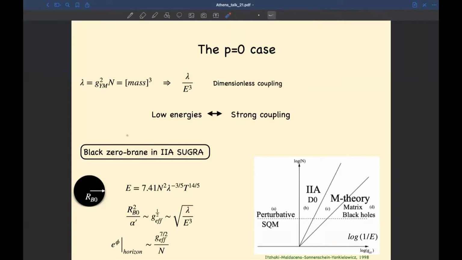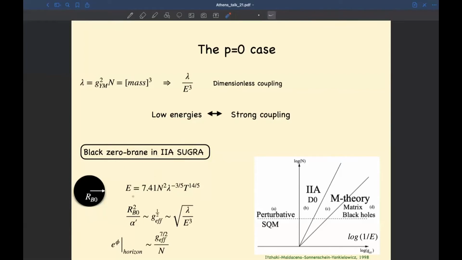Now, this specific case has a dual gravity interpretation known as the black 0 brane in type 2A supergravity. And of course, there is a metric describing this object, and one can pursue a thermodynamic analysis based on the laws of black hole thermodynamics.